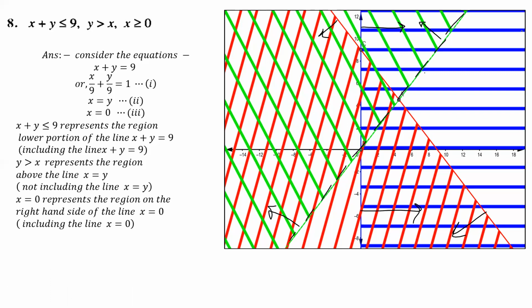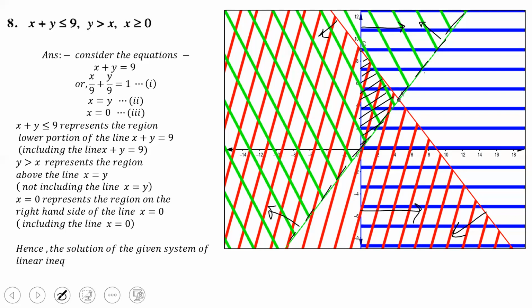Okay. Now the common shaded portion, where you can find all three colors, red, green and blue, that means this portion, right? You can write down that the common shaded portion is the solution region for the given system of linear inequalities.